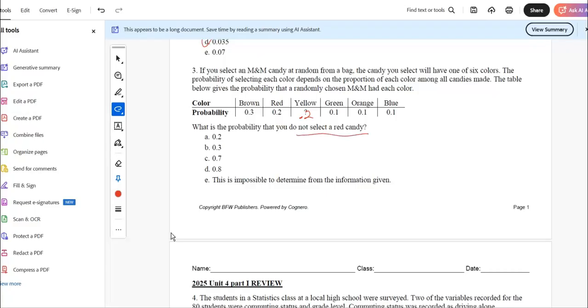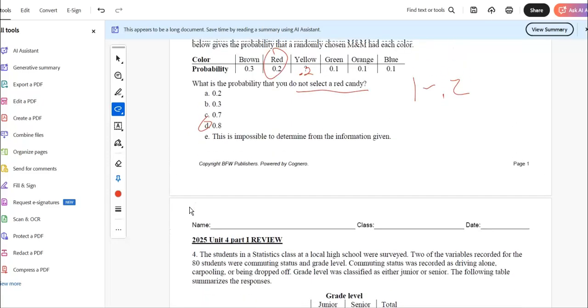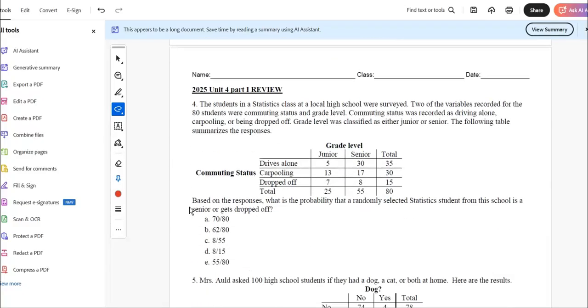Oh, we didn't need the 0.2, did we? Okay, so red is 0.2. So what's the chance of not that? 1 minus 0.2, which would be 0.8. Ooh, tricky question. I thought for sure the 0.2 would help us. I guess you could add up this plus this plus this plus this plus this to get 0.8. That would be okay.